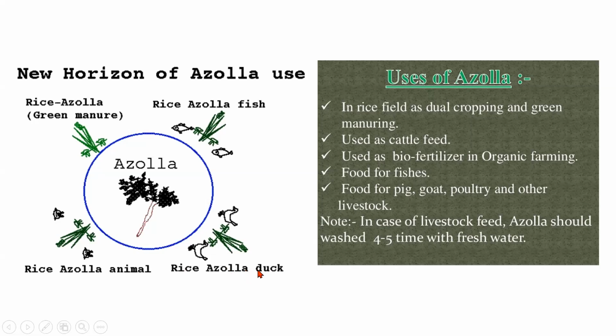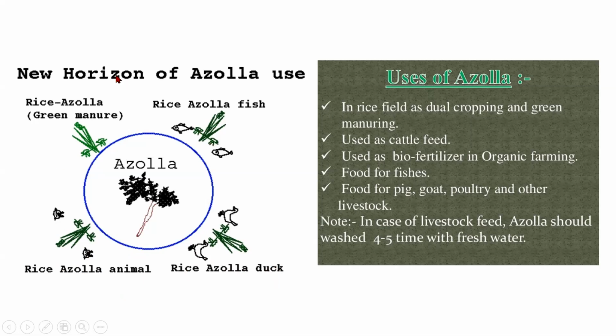So the duck is not going to eat each and every azolla leaf. So the duck's excreta forms a good nutrient source for the growth of azolla. Again, both of them become good for rice cultivation. So again, rice, azolla, animal feed. Azolla is good as an animal feed also.